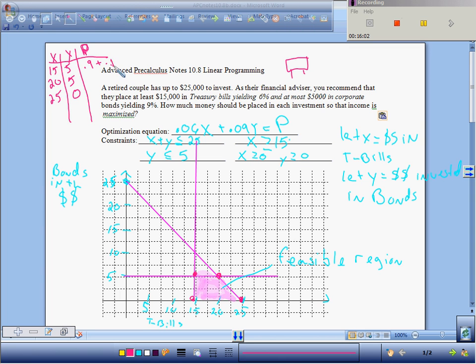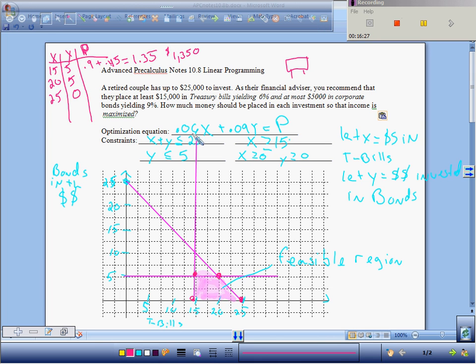And then, sorry about my bad picture, I add those together, and I get 1.35, right? And that's in thousands of dollars, so if that's $1.35 thousand, that would be $1,350, yes? Okay, using that point.